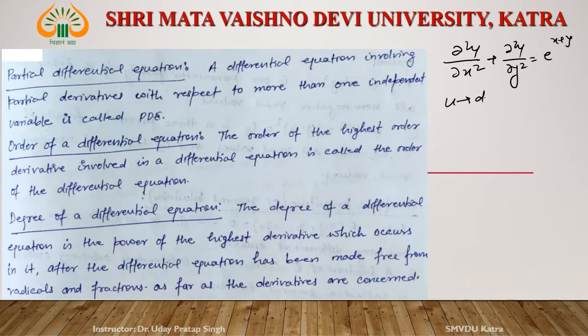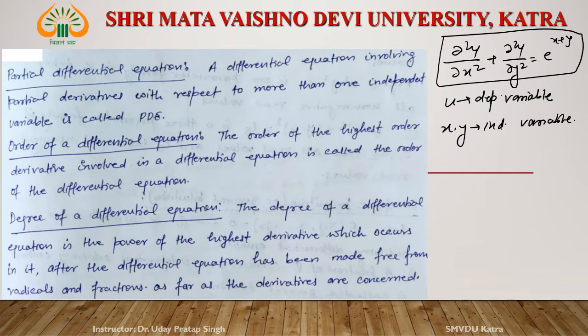U is the dependent variable. And what are x and y? These are independent variables. So in this equation, basically this is a differential equation in which the derivative of a dependent variable is with respect to two or more than two independent variables. Then this type of differential equation is known as partial differential equation, that is PDE.